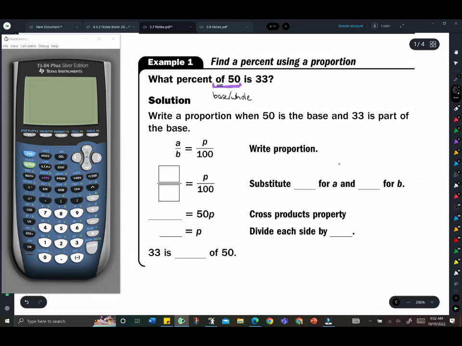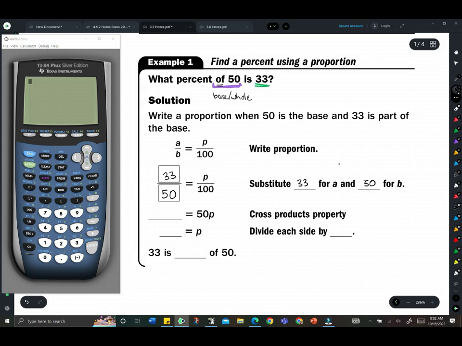So we're setting this up. Write a proportion. 50 is the base because that's our bigger part in this case, and 33 is the part. So we substitute those in there: 33 for our part and 50 for our base.